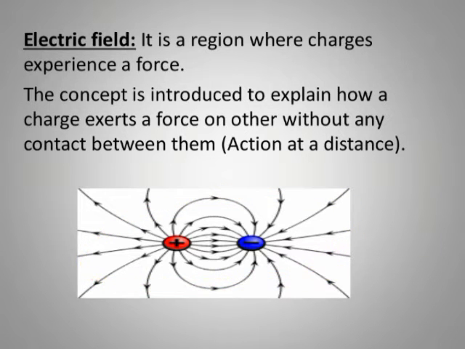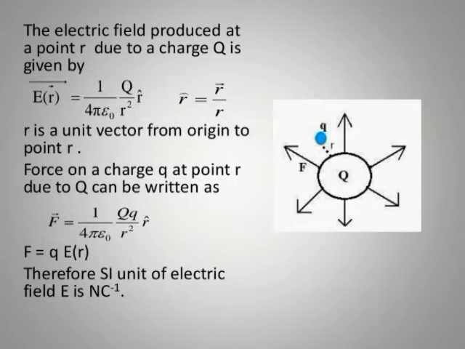And not only that, we also studied about the expression for the electric field, and how the forces and the electric fields are linked with each other, and this is the formula which tells you F is equal to Q into E, and the SI unit of this electric field is Newton per Coulomb.